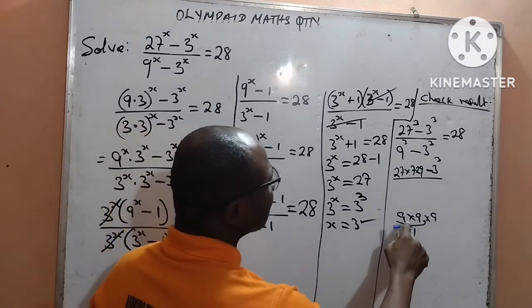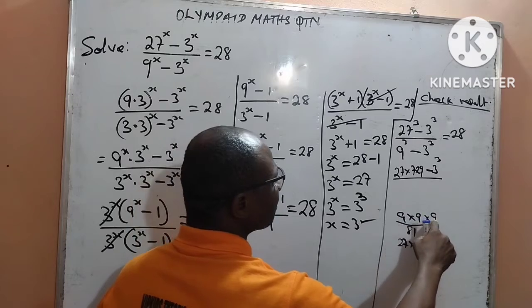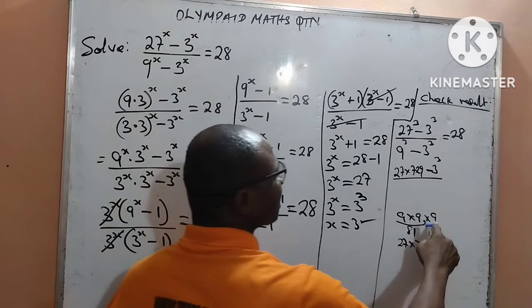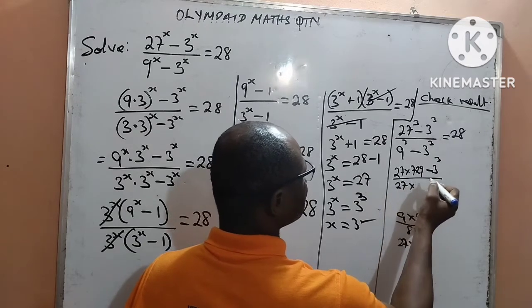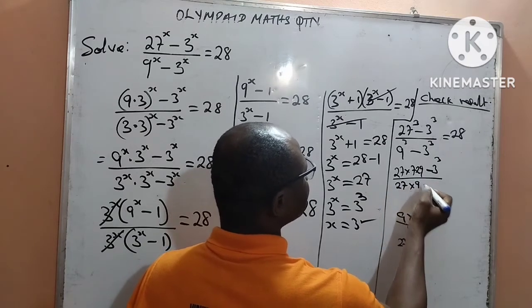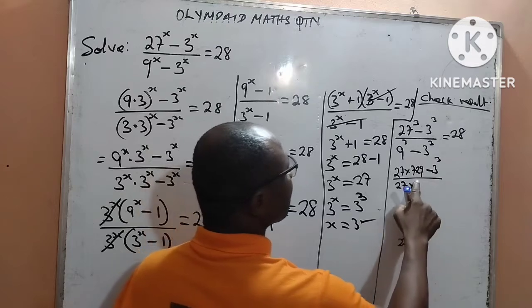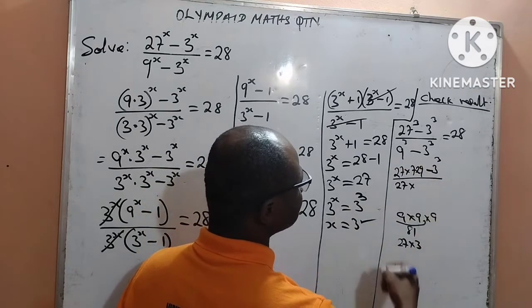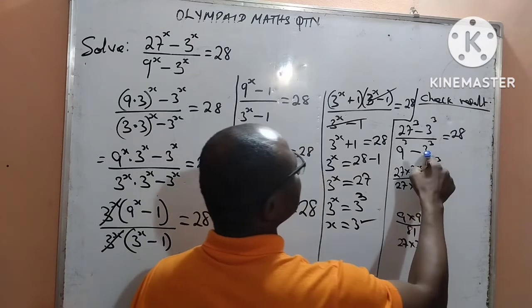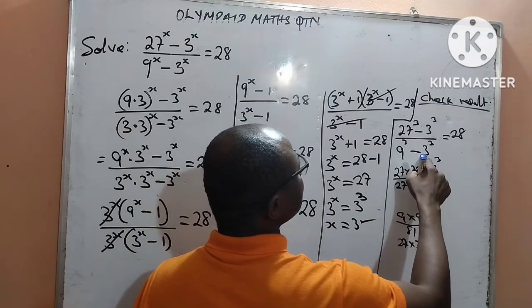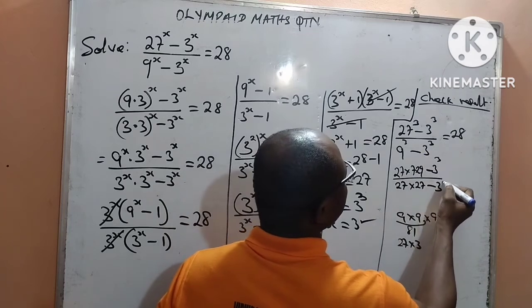Therefore, I can now have 9 times 9 times 9 written as 27 times 3 times 9. So now 3 times 9 is 27. I can now write it as 27 times 27 times 27, then minus 3 to the power of 3.